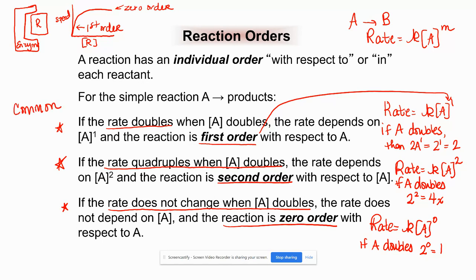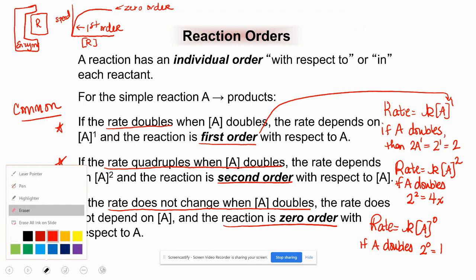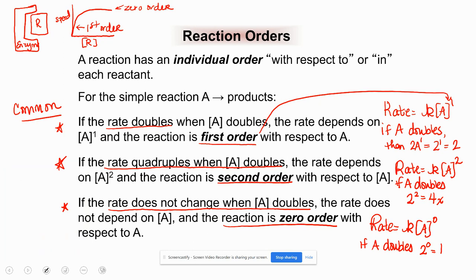This is where we start our discussion in kinetics. There can be other types of orders that are more unusual. So I just want to talk about those for one second, just to make sure that you're understanding what the exponent business is. You can have fractional orders.